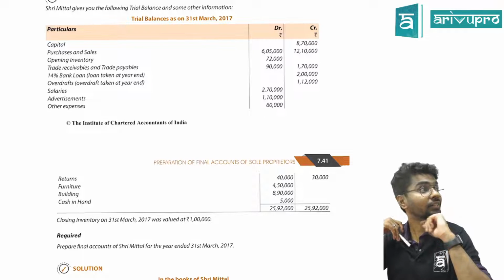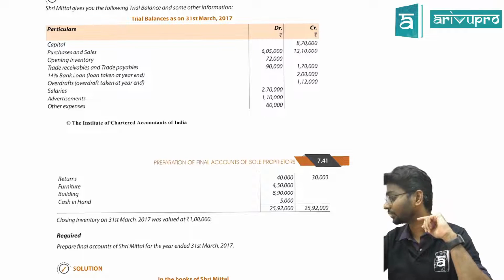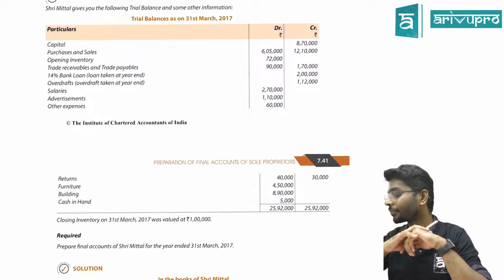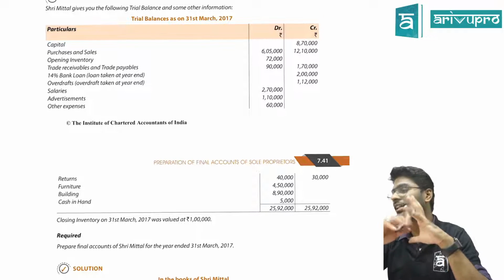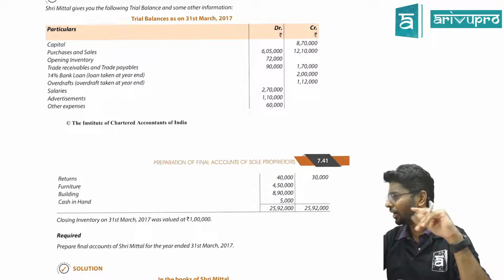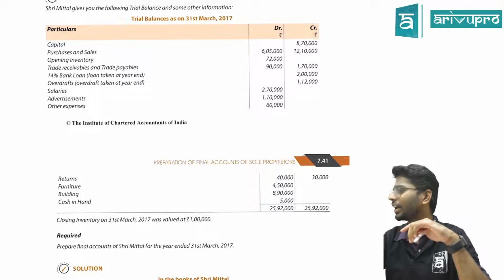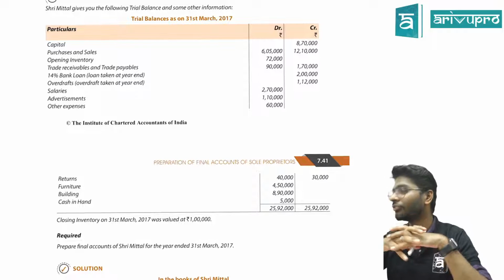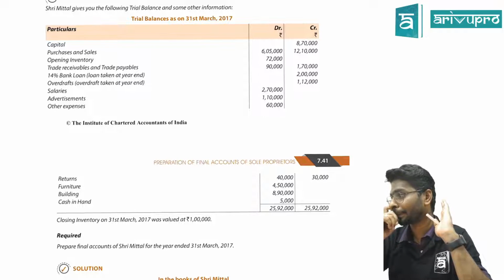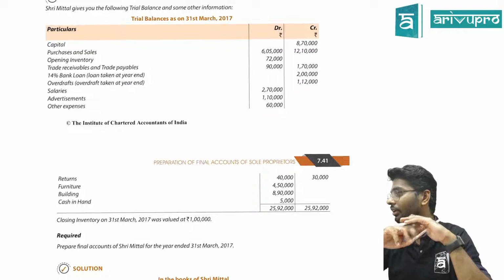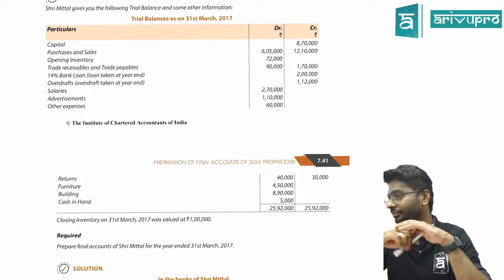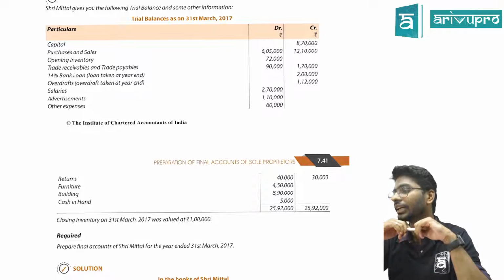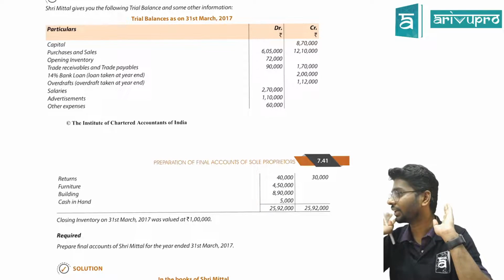Now first item, capital. Next sheet, make your balance sheet. In the exam, don't try saving pages. One page exclusively for trading and profit and loss account, one sheet exclusively for your balance sheet. Here you can do it, but in the exam, one sheet for one thing.